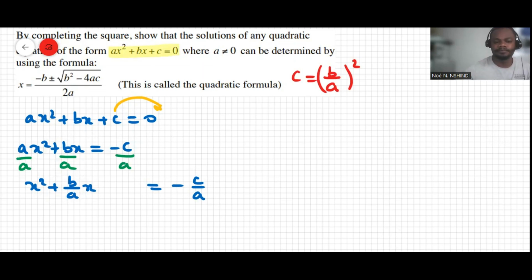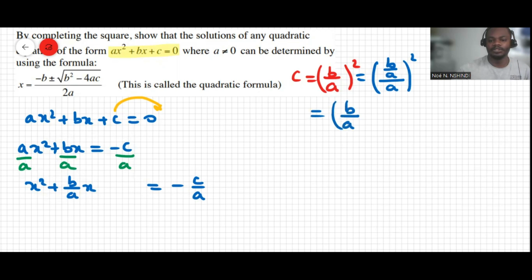Now I need to change c to this form. This is the form that will make my left hand side of the equation a perfect square. In this case, my b is b over a, so it's going to be b over a, all over 2, to the power of 2. Sorry, I meant 2 here.